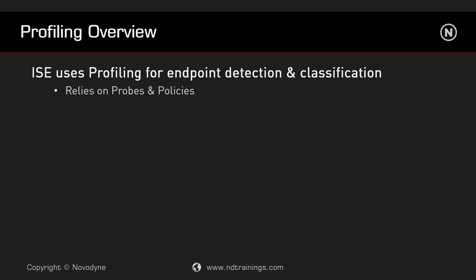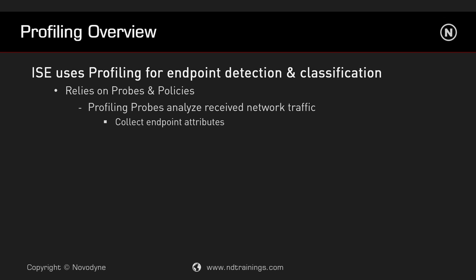And now the profiling engine is going to perform its function by relying on two main components, one of which is known as profiling probes, and the other one is known as profiling policies. Profiling probes is something that we will use to analyze received network communication, where the goal is to collect this information and then divide it into so-called attributes of the endpoint.